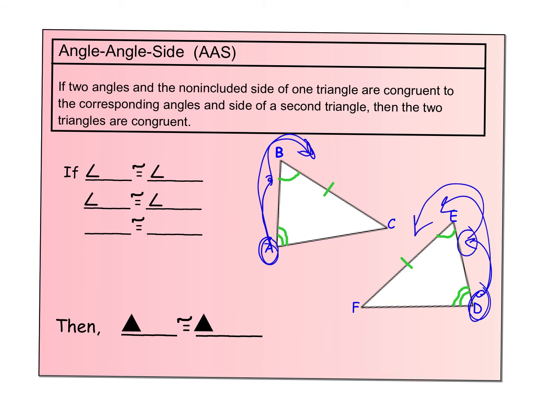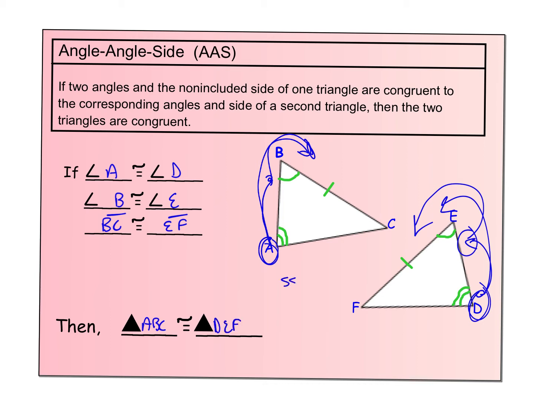That's kind of the way it goes. So if I say A and D, B and E, and that next side of BC and EF, that's how you do angle-angle-side. And angle-angle-side is the last one that we're going to talk about.